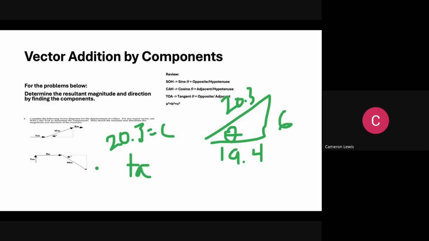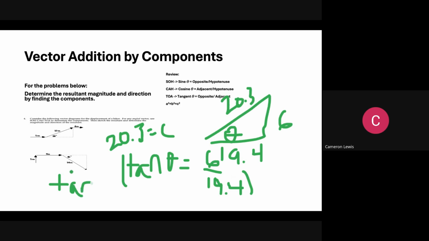I'm going to just do tangent of the angle is equal to the opposite, 6, over 19.4. I'm trying my hardest with this trackpad to make it clear. What you're going to do, though, is take the inverse tangent.